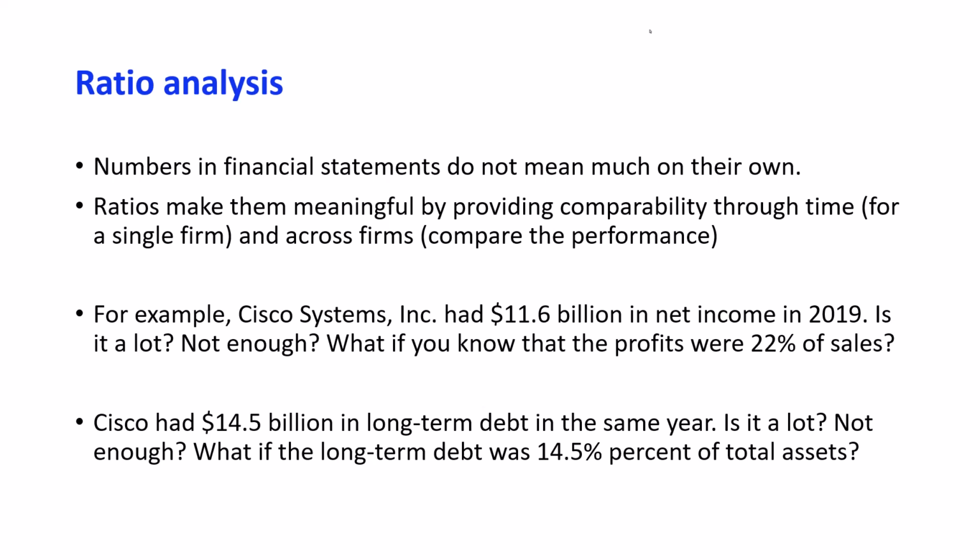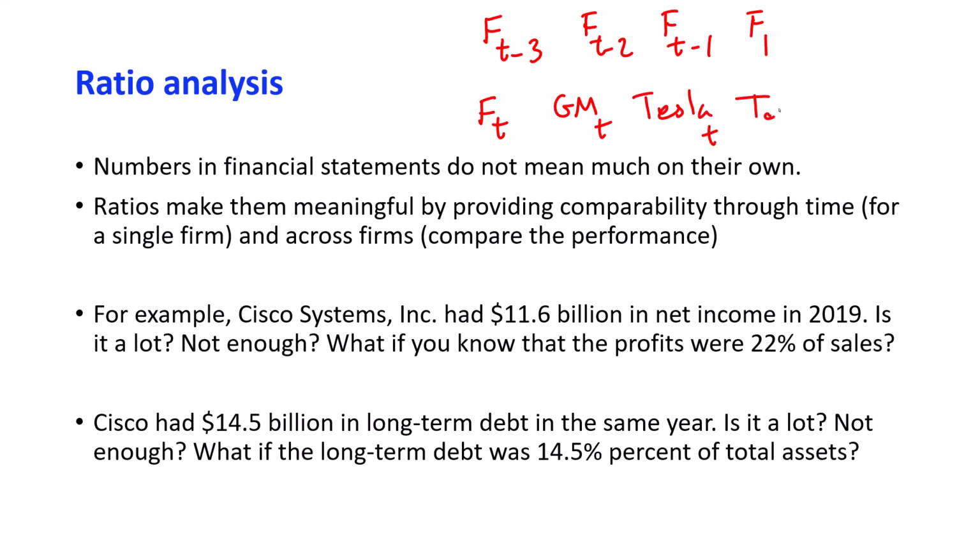In other words, when you look at the ratios, you can, for example, look at Ford over the past few years. Meaning that you compare the performance of one company over time, or you can compare the performance of Ford with GM and Tesla and Toyota and other car manufacturers.